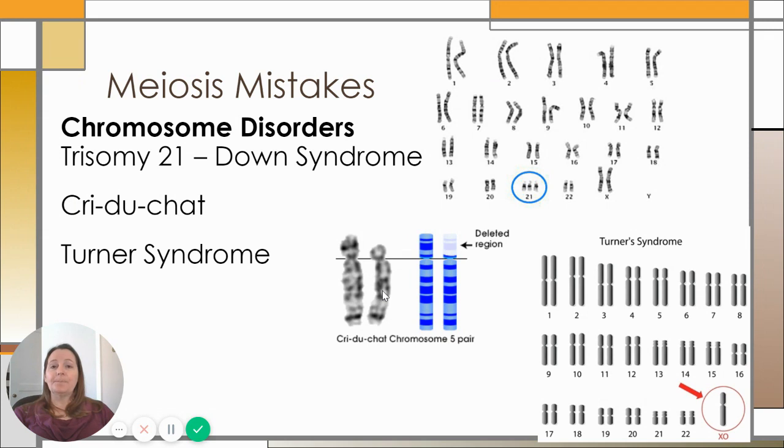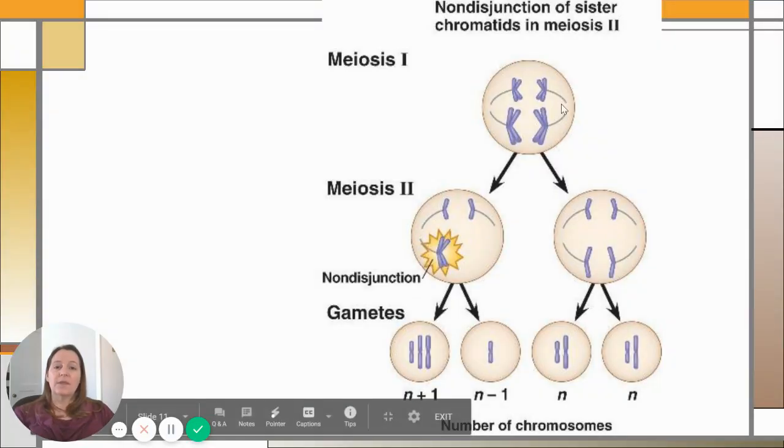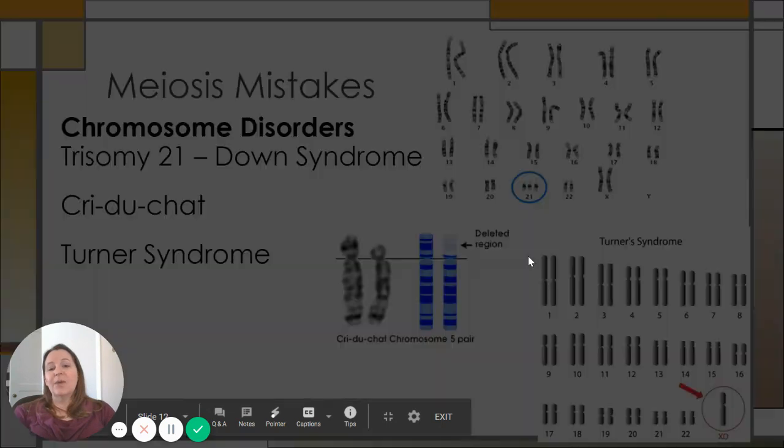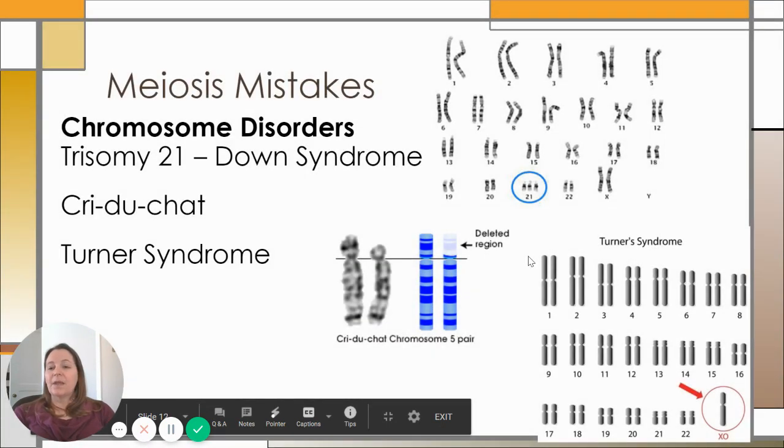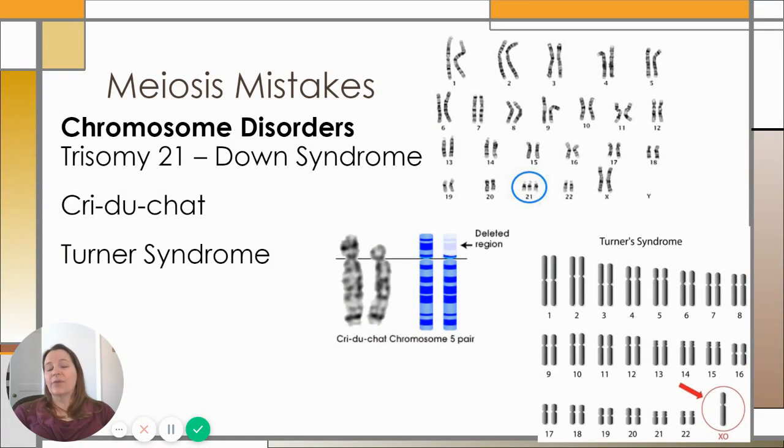I am not going to test or ask questions on non-disjunction, which is what this is called. I just know everybody has questions about, well, what if this process doesn't go perfectly? Because it doesn't always go perfectly. And if it doesn't go perfectly, it results in some sort of chromosomal disorder. Some of them impact life expectancy and quality of life, like with the cri du chat.